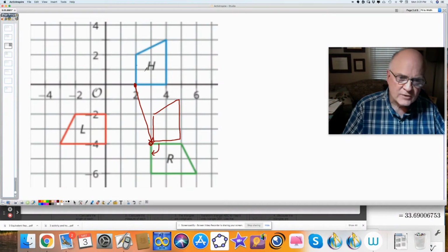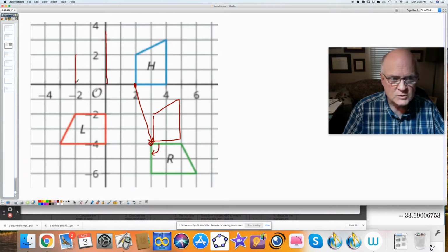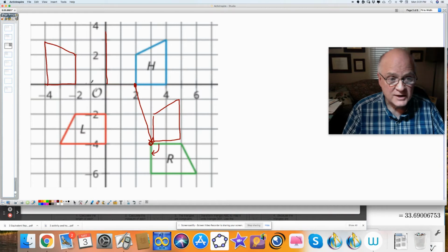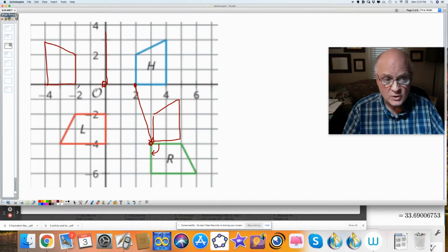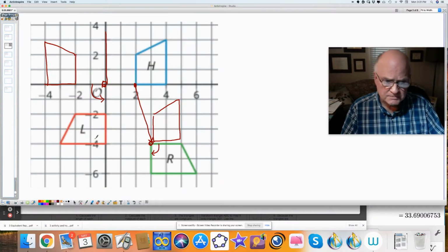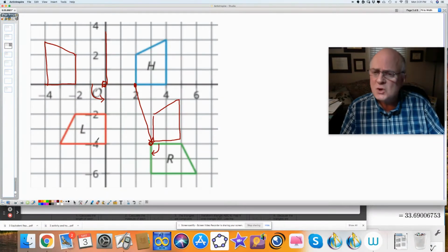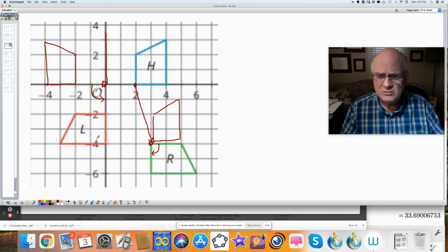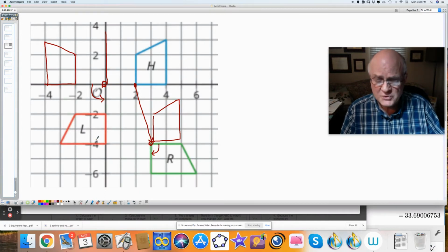A second way of getting from here to here, we reflected across the y-axis, which was this figure, and then rotated it 90 degrees around the origin, this way, counterclockwise.